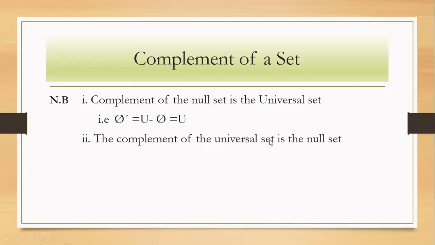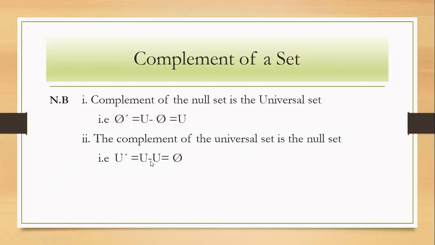Number 2, the complement of the universal set is the null set. That is U dash. Complement means dash. U dash means U minus U. Just like A dash means U minus A, in the same way, U dash means U minus U. For example, 10 minus 10, the answer will be 0.